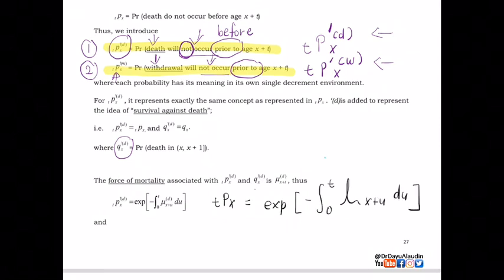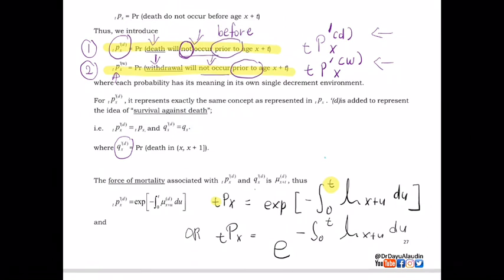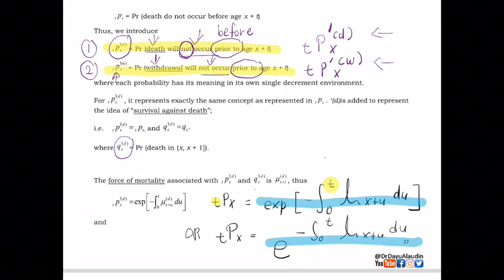So remember last time we learned in actuarial math 1, t, the upper bound for the period, we also can write down as e to the power of... both are the same. We can write the exponential in this form or this form. We are familiar with the second form.